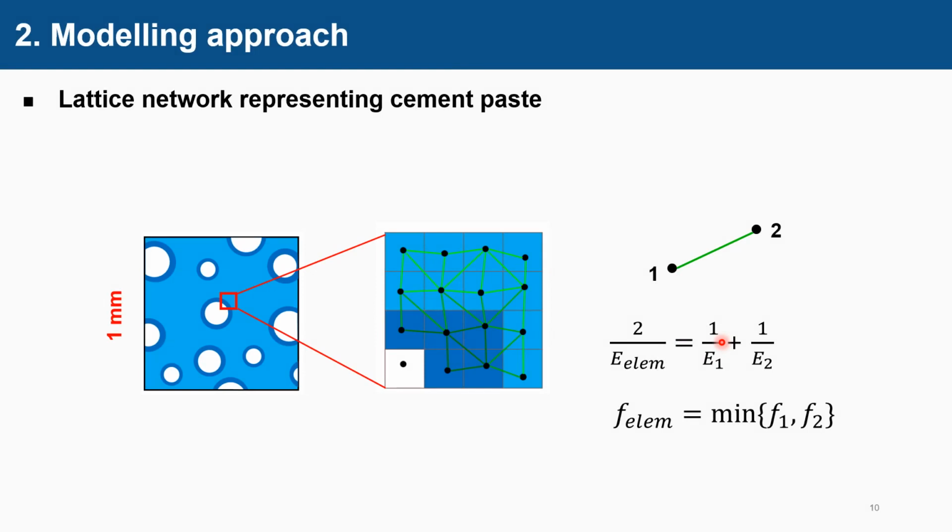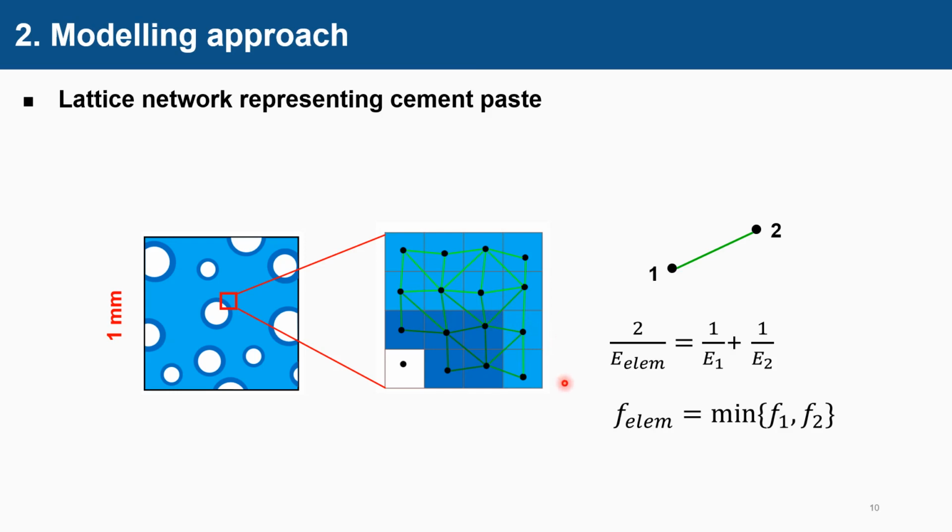For the smaller cubes, you have to generate non-overlapping voids. And then you know what phase each of these nodes represents: void, cement matrix, or internal curing zone. Each of these constituents has its distinctive Young's modulus and strength.